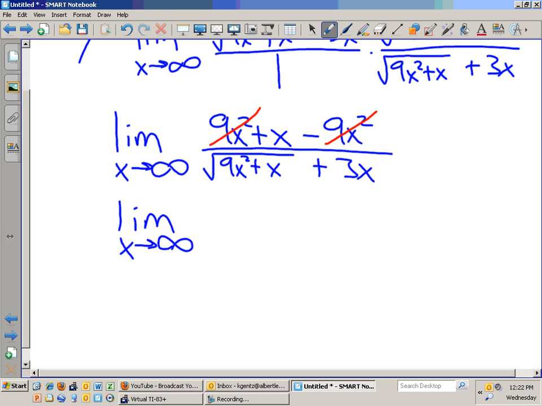So I have x times 1 over x, which will be 1. And now when I multiply the bottom by 1 over x, for the square root piece I will have to multiply it by 1 over x squared. What's 9x squared over 1x squared?